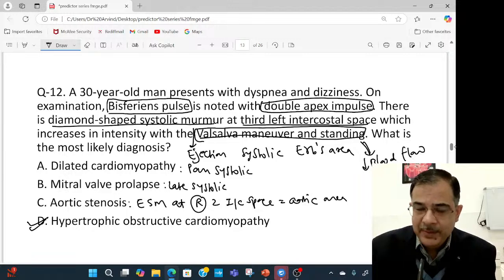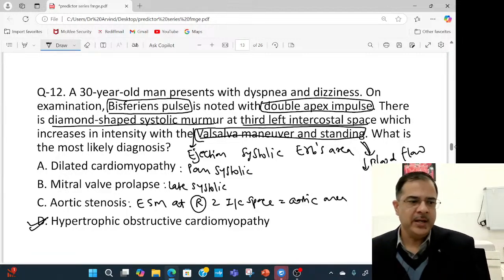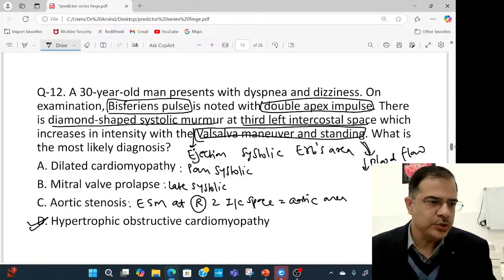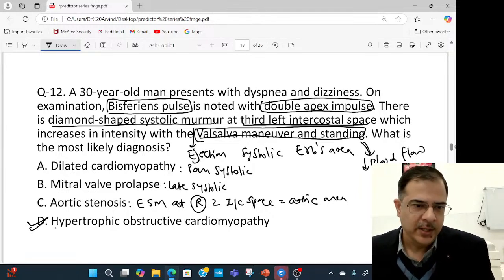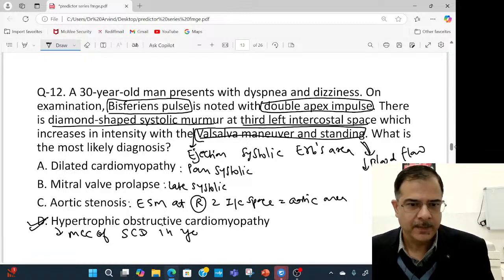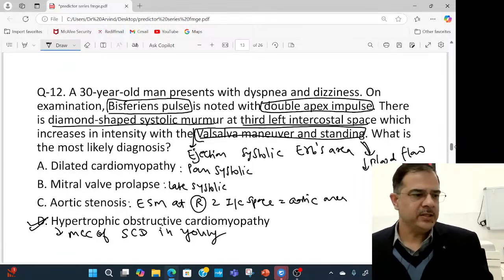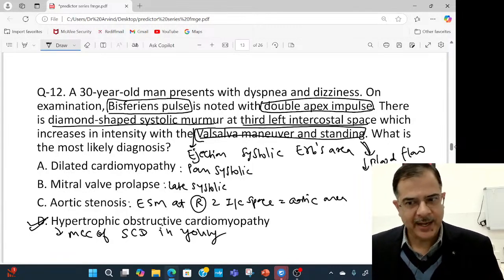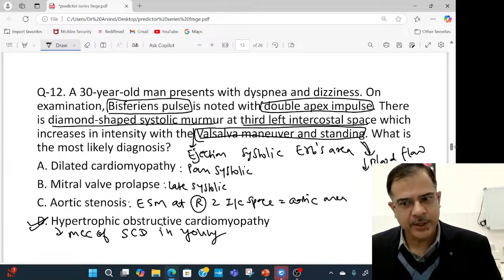These are MVP and HOCM. Yes, HOCM is the most common cause of sudden cardiac death in young. One more MCQ: it is HOCM. Banana-shaped LV cavity is a feature of HOCM.